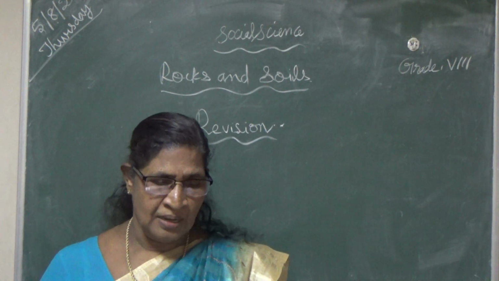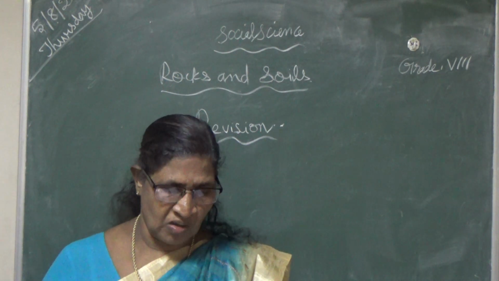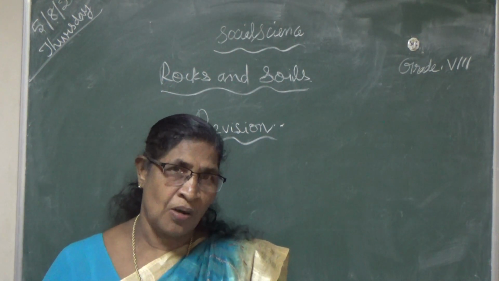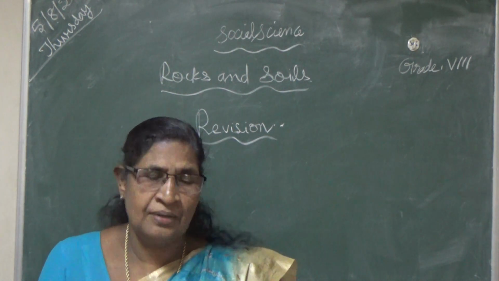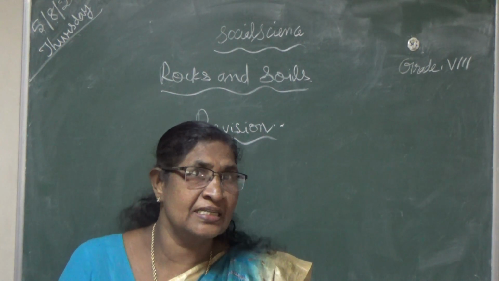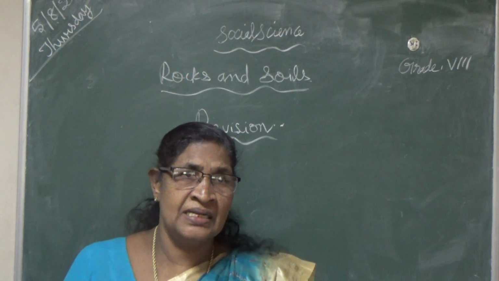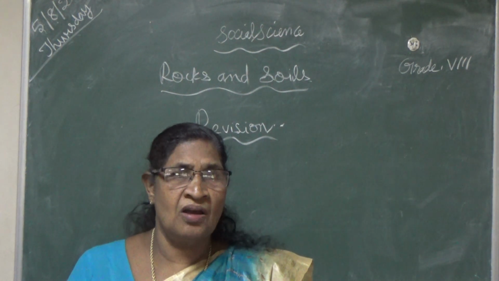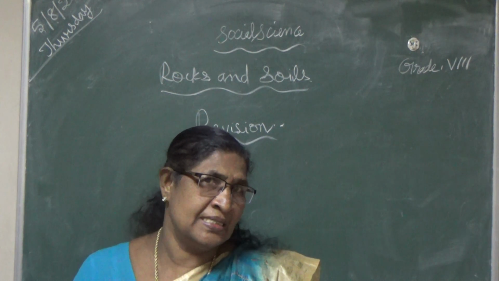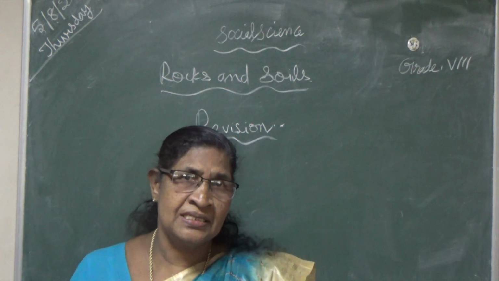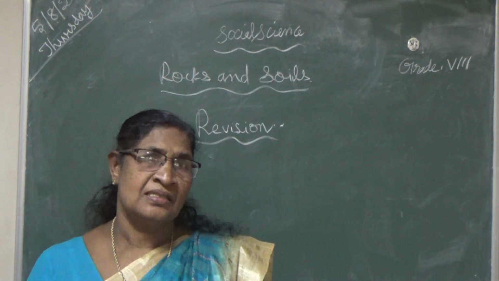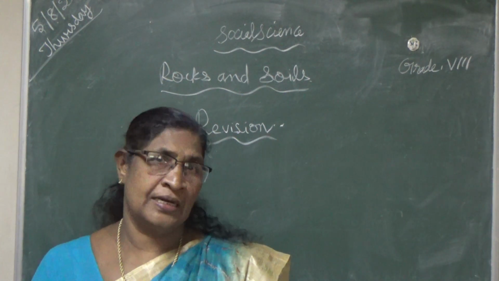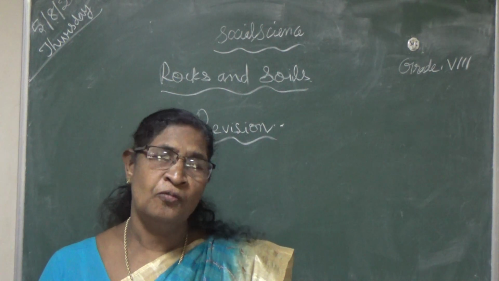Alluvial soil, black soil, red soil, laterite soil, mountain soil and desert soil. Six types, isn't it? Among these, alluvial soil is very rich and fertile. All the food crops grow in this soil. Alluvial soil is best for growing wheat, rice, sugar cane and all other food crops.